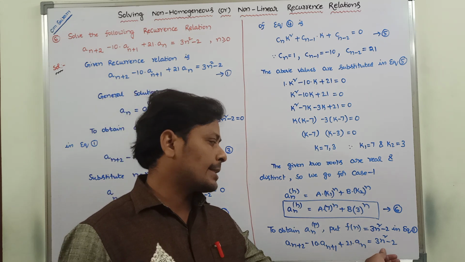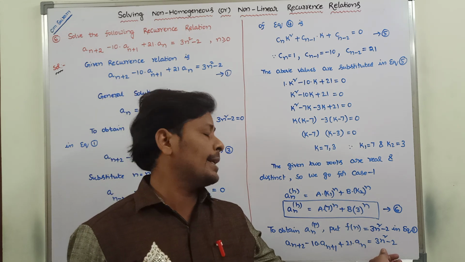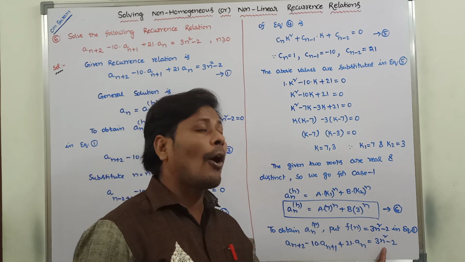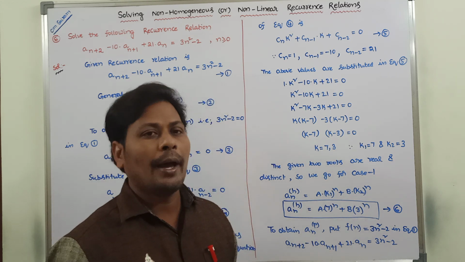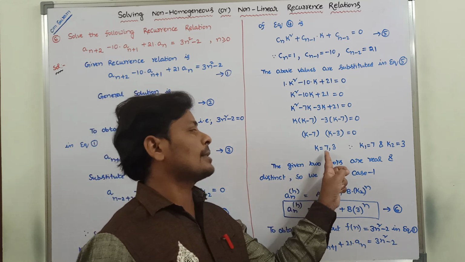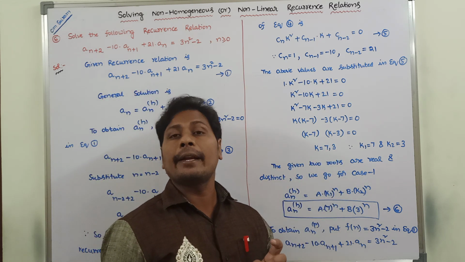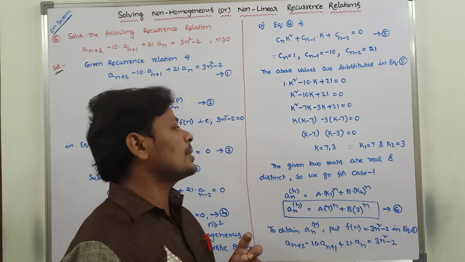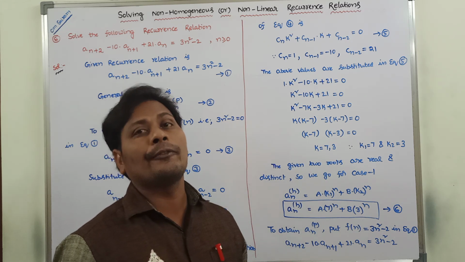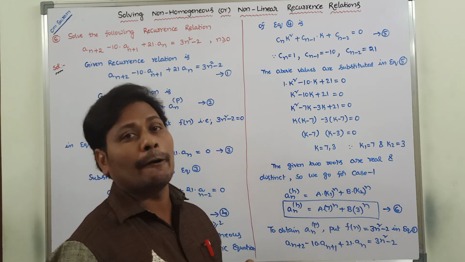Okay, the right hand side of equation 1 is 3n square minus 2 has a polynomial of degree 2, and the LHS side of a given recurrence relation has the two roots 7 and 3. Among the two roots there is no value of root is 1.